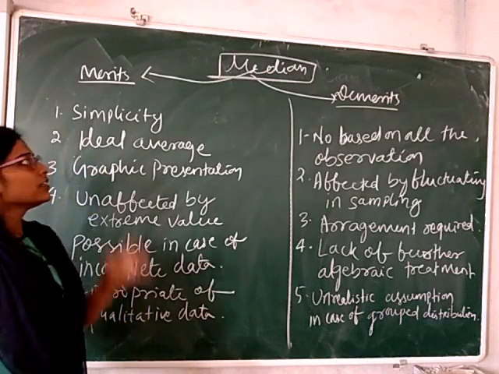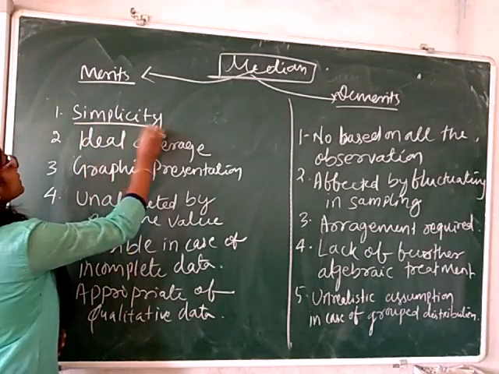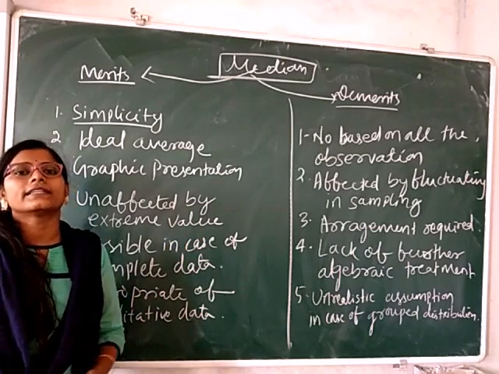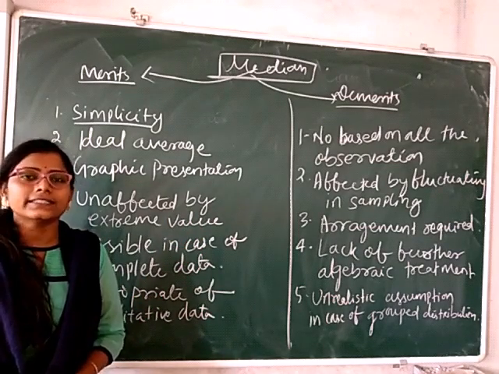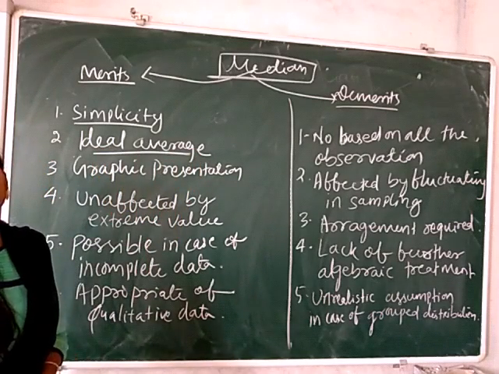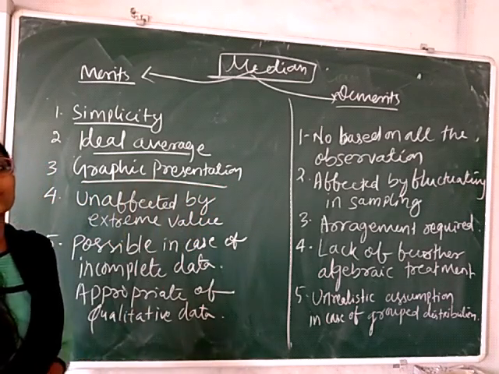Now we discuss some merits and demerits related to the median. The first merit is simplicity. Simplicity means that the median is easy to calculate and simple to understand. The median is treated as an ideal average. Next is graphic presentation.